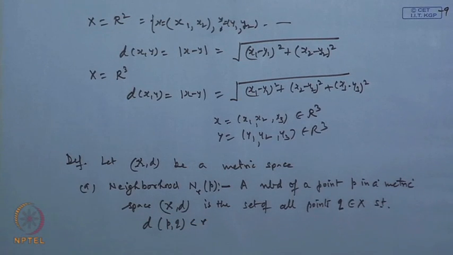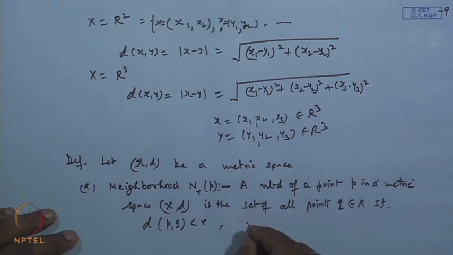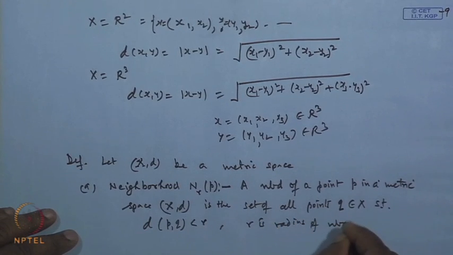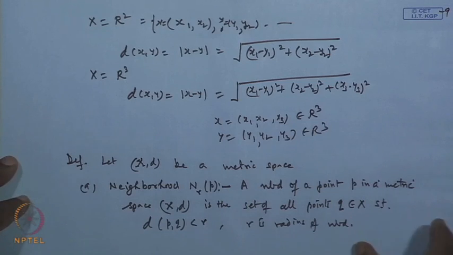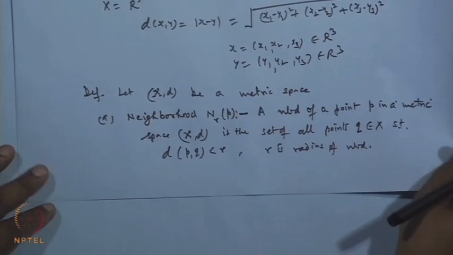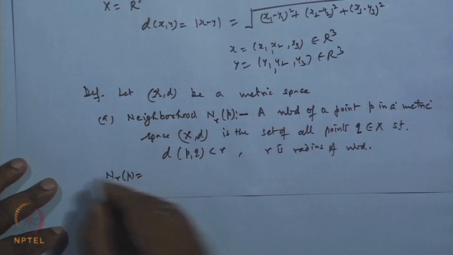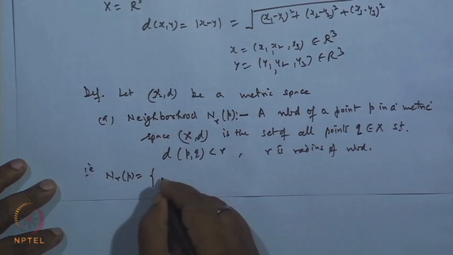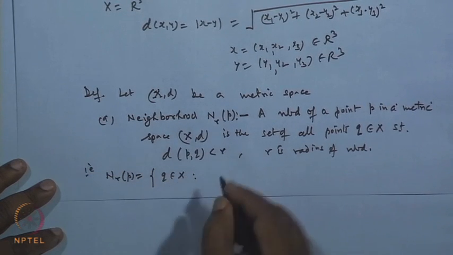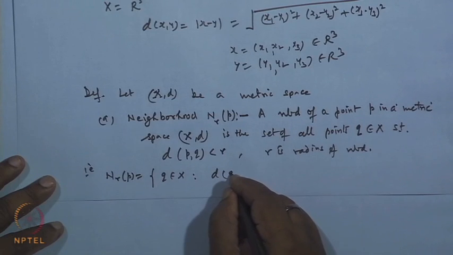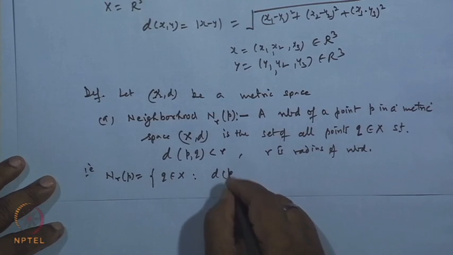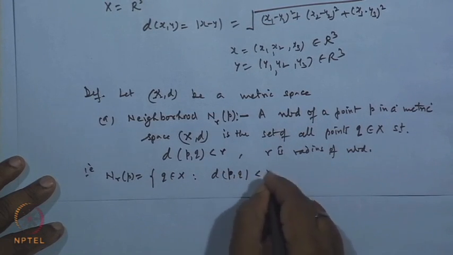Then r is called the radius of the neighborhood. It means our neighborhood of a point in a metric space, which we denote by N_r(P), is the set of those points Q belonging to X such that the distance of P and Q is strictly less than r.